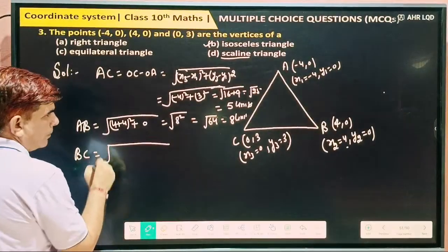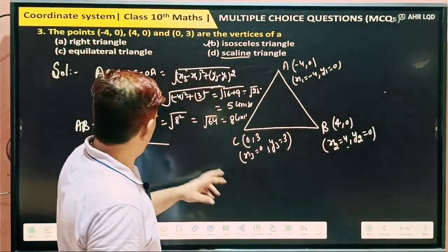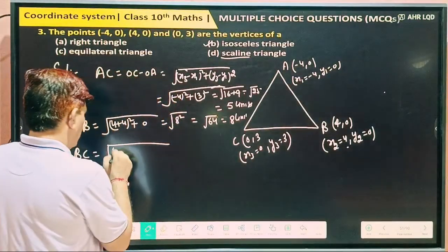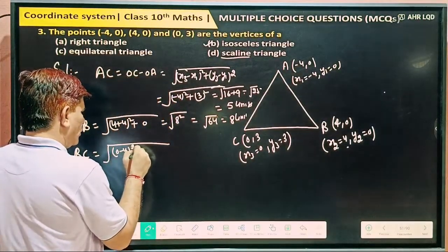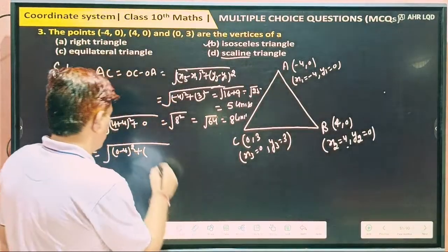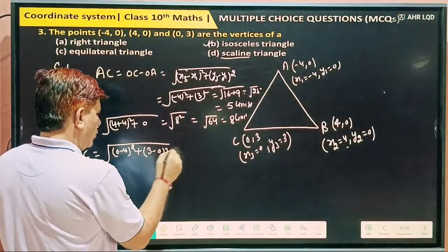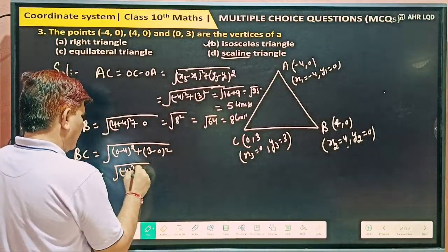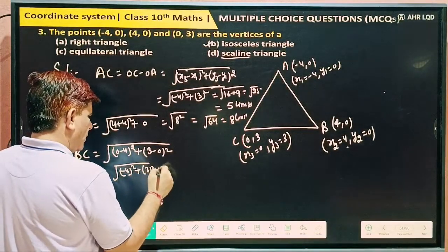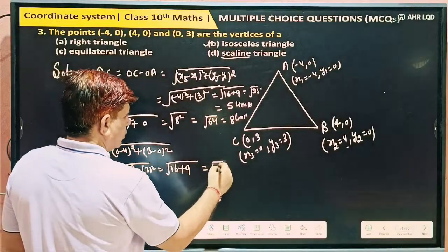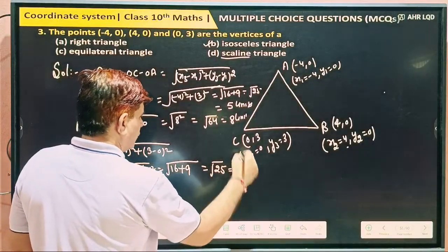BC equal to what? BC: x3, 0 minus 4, 0 minus 4 whole square plus 3 minus 0 whole square. So this is equal to what? Minus 4 square plus 3 square, which is equal to 16 plus 9. How much? Under root 25, which is equal to 5.